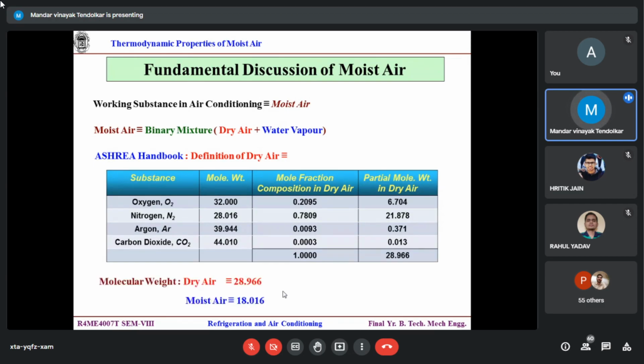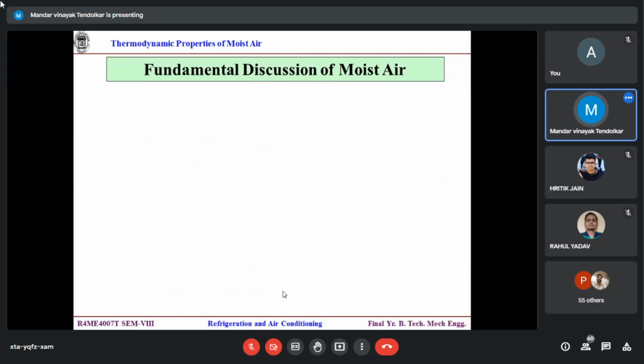But when I consider moist air, it drastically reduces to 18.016. This value is again standardized by ASHRAE. If you consider dry air, it is 29, but the working substance in air conditioning is moist air, which is 18. So 29 to 18, a large difference. Always remember this value.